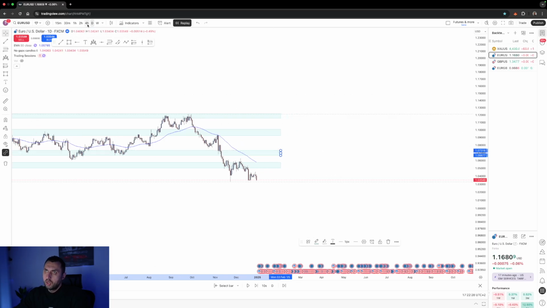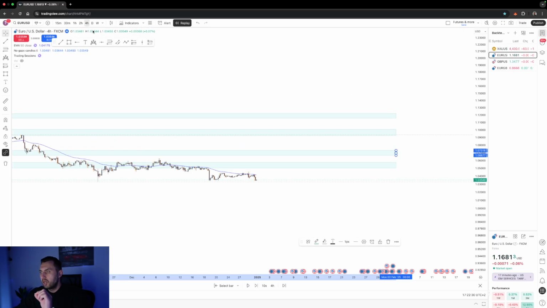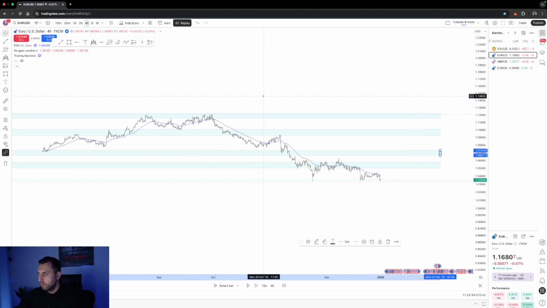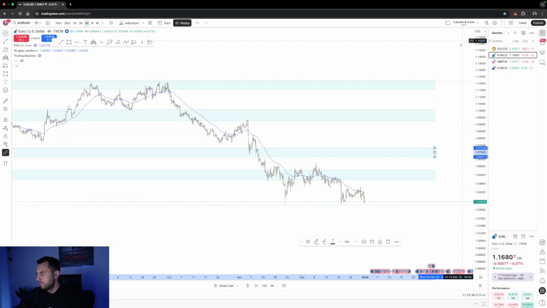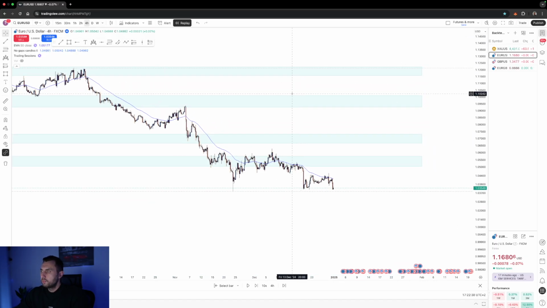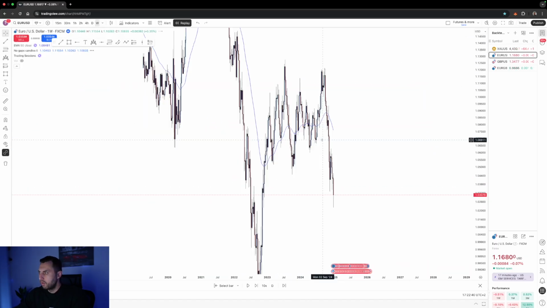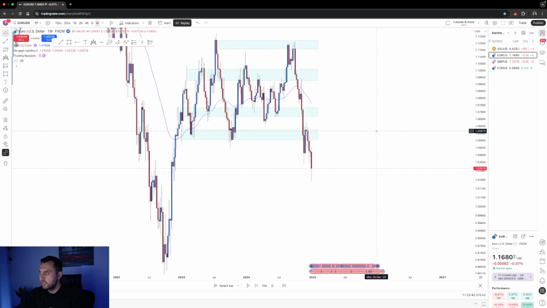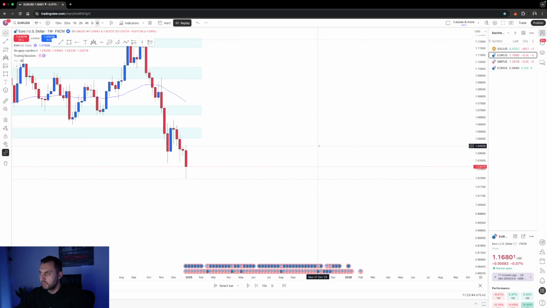We mark the area of interest just on weekly and daily, not on 4-hour. On 4-hour we use it just for entries. Now on weekly, we can see that it's bearish right now. We will mark it like this.